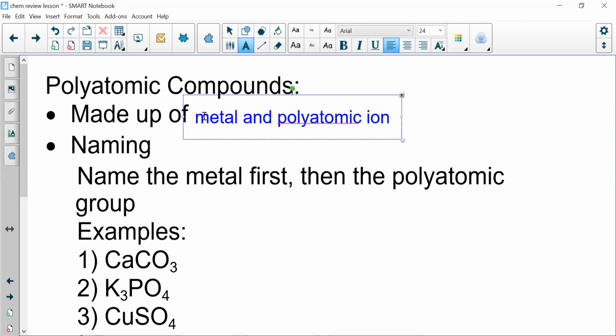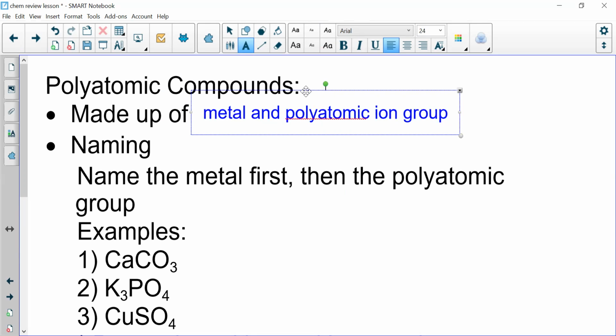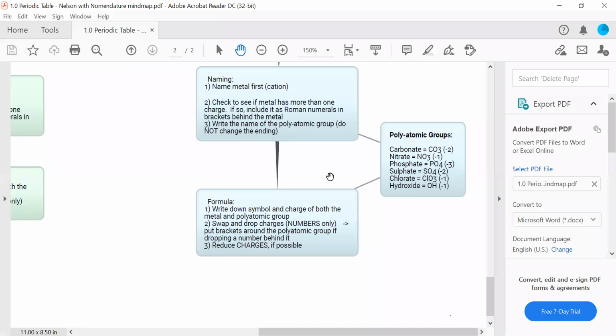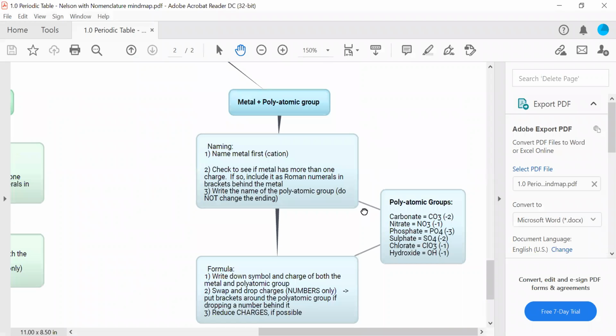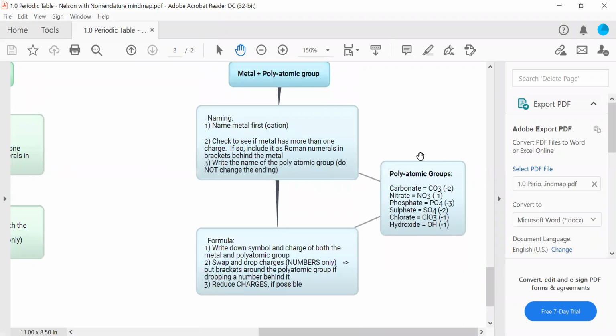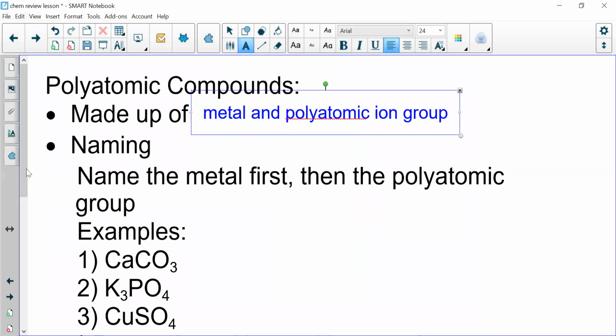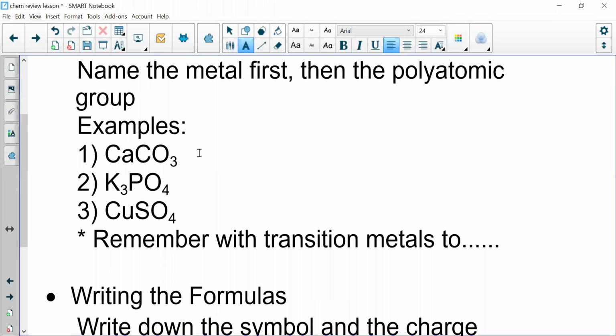It is going to start with a metal, just like an ionic compound, but with polyatomic, instead of just being a metal and one nonmetal, it's a metal with a nonmetal group. And those are all listed on your periodic table for you guys with the formulas and the symbols here on the bottom right. So if it's a metal plus a polyatomic ion group, you're going to look at this chart over here. So keep that handy. What would be the name of CaCO3?